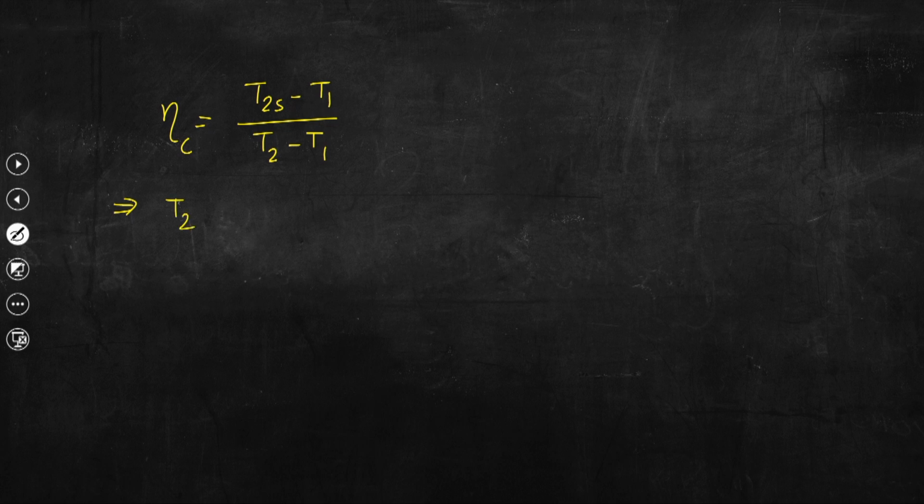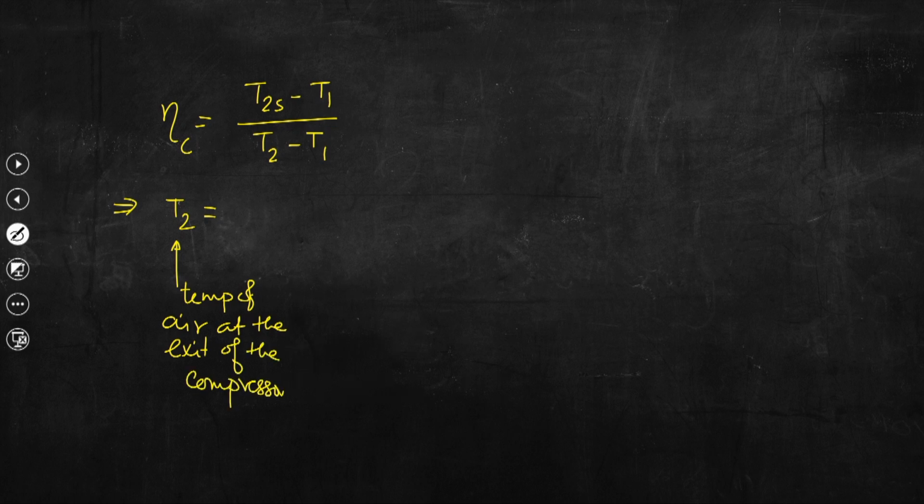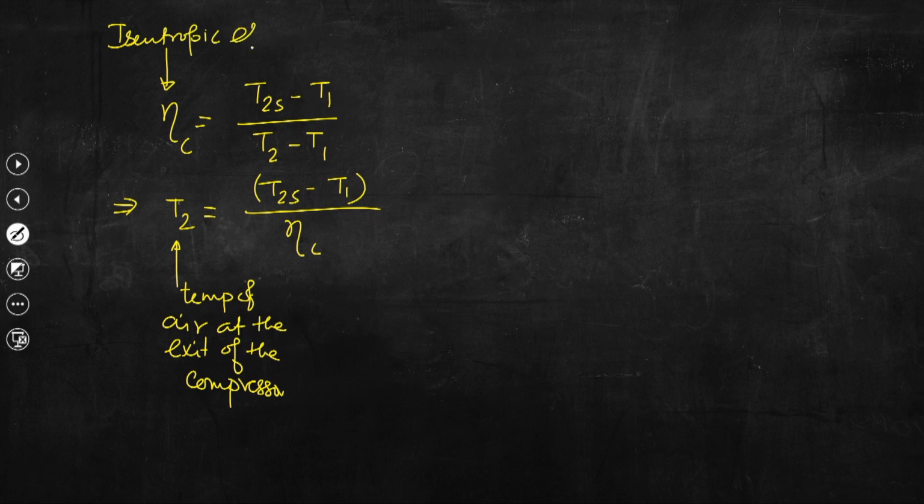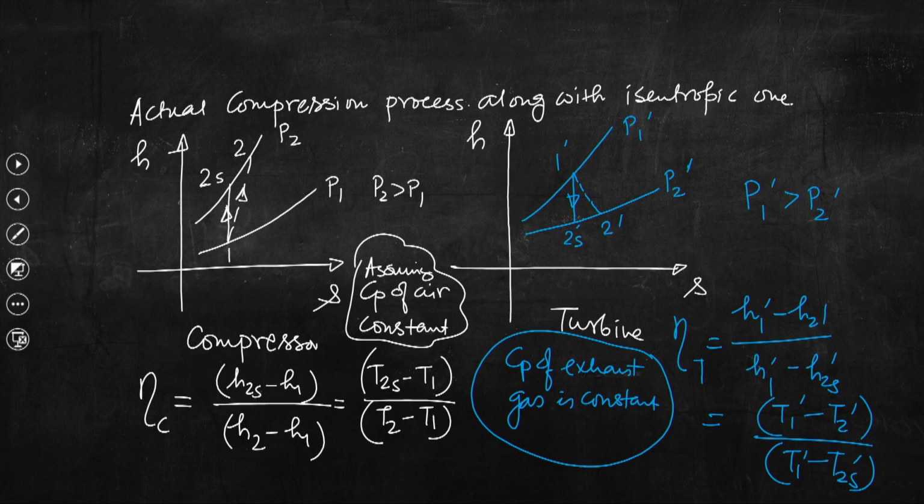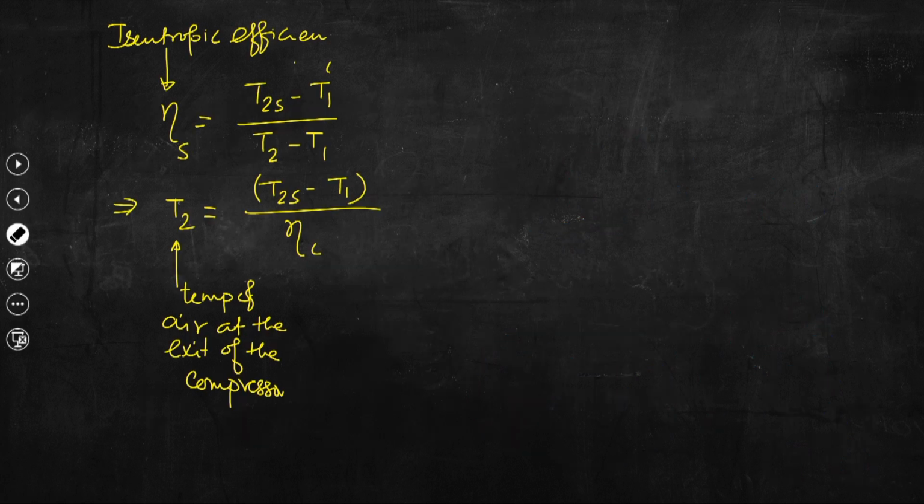So, from there we can calculate T2, that is the exit temperature of air at the exit of the compressor, and that would be equal to T2S minus T1 divided by eta C, that is the isentropic efficiency, plus T1.